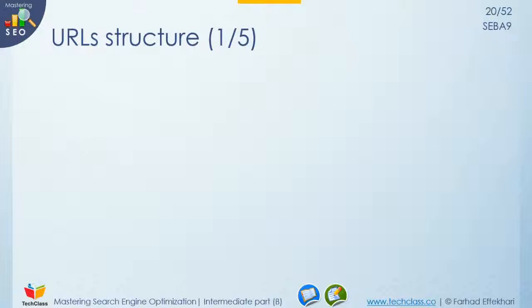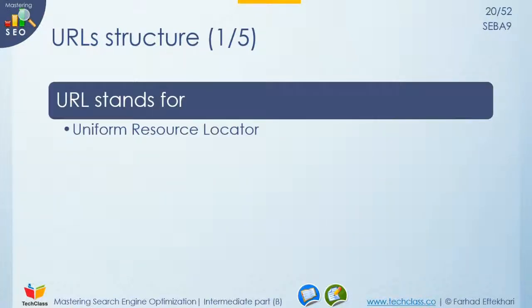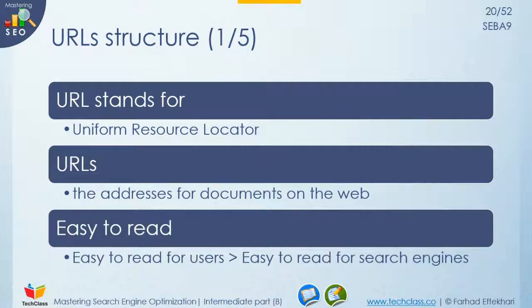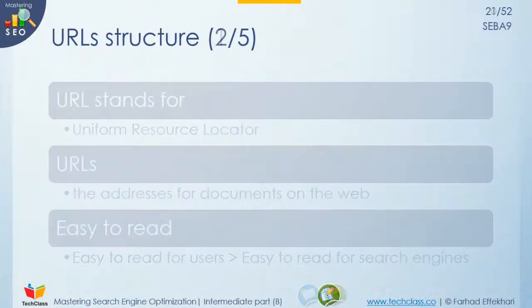All right, now let's talk about URL structure. URL stands for Uniform Resource Locator, and URLs are the addresses for documents on the web. If they are easy to read for users, it means they are easy to read for search engines as well.